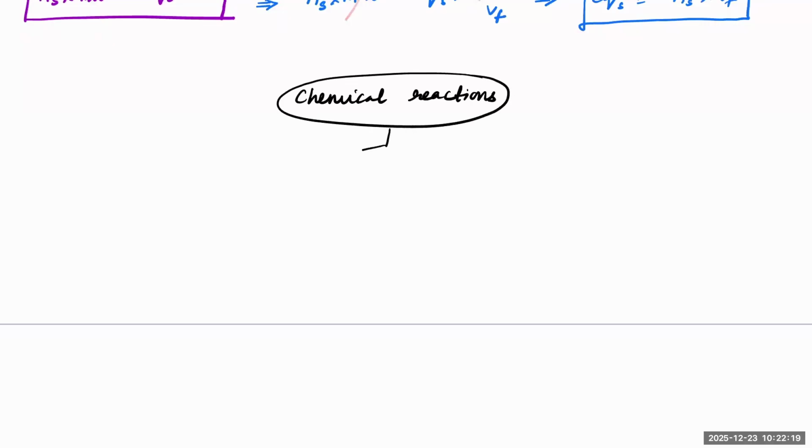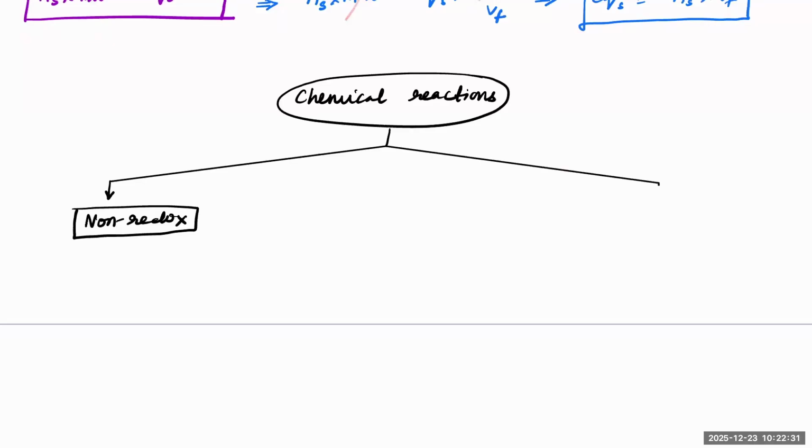Okay, beta? Yes, sir. Now, when it comes to chemical reactions, we can categorize them into two forms, beta. One is non-redox reactions. The other one is redox reactions.